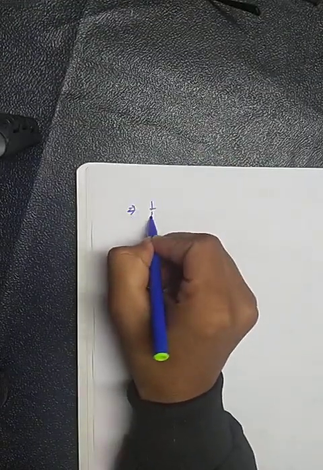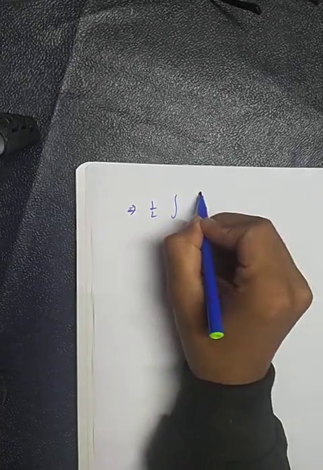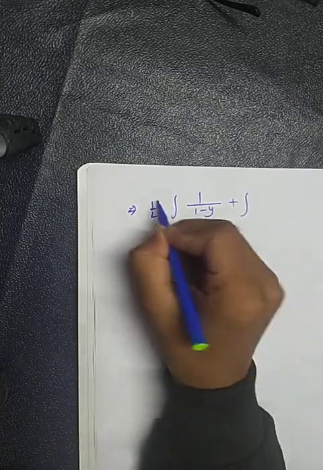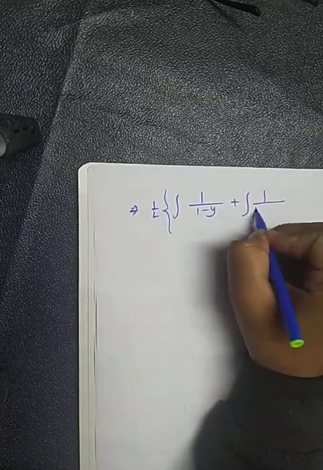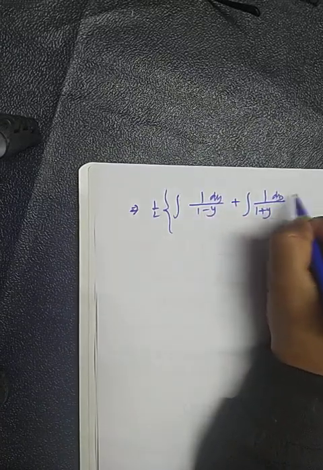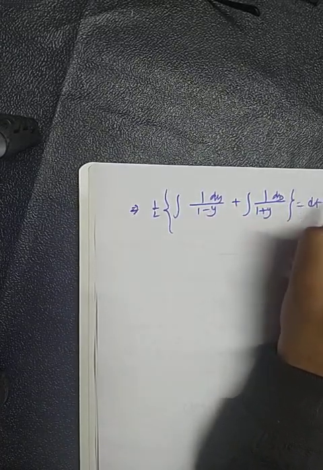So half of the integration of 1 by 1 minus y plus the integration of 1 by 1 plus y, dy, is equal to the integration of dt.